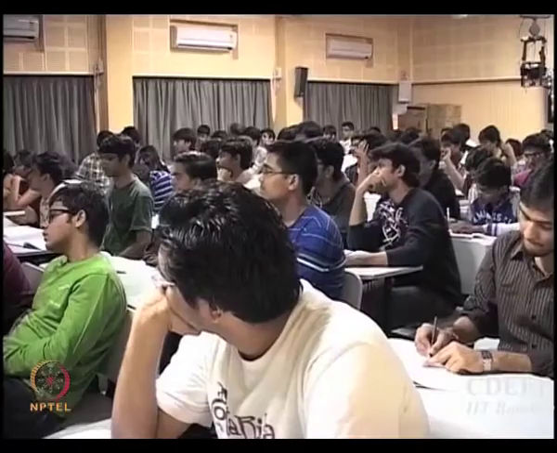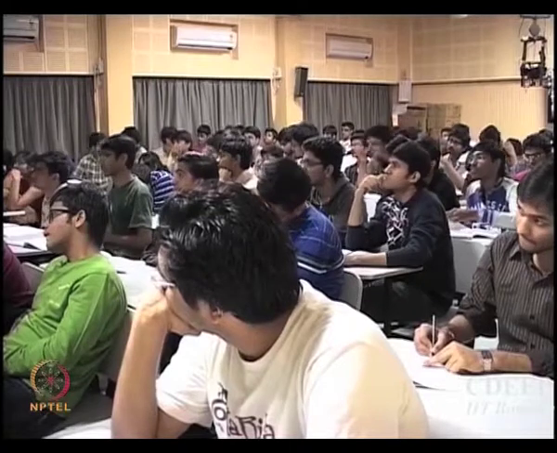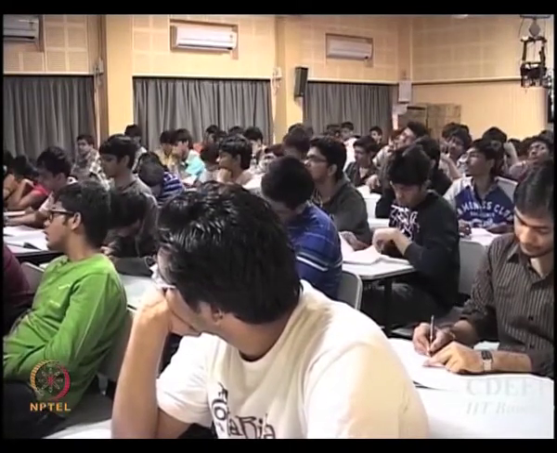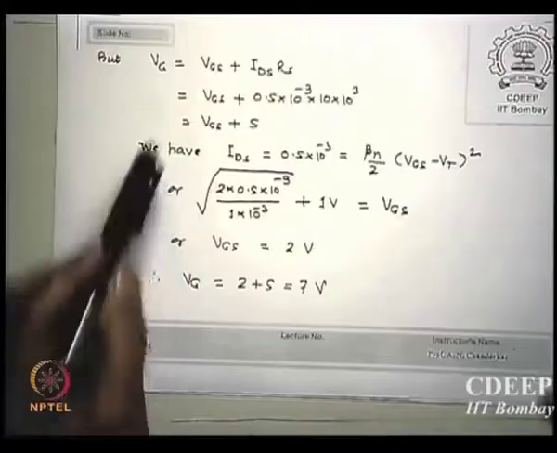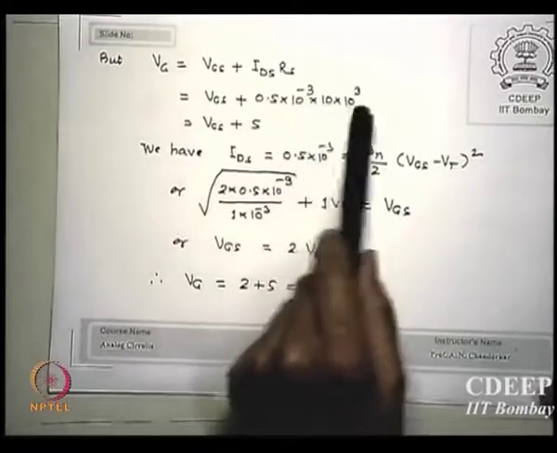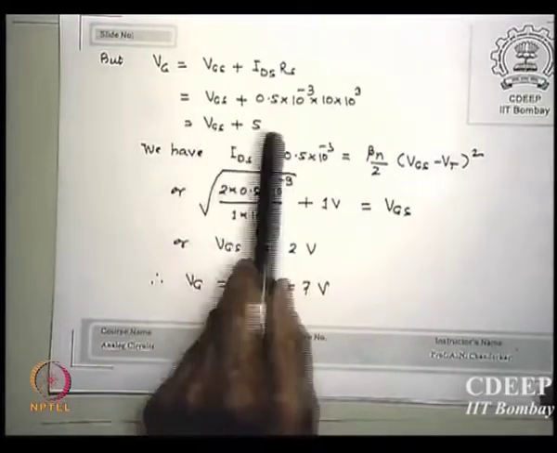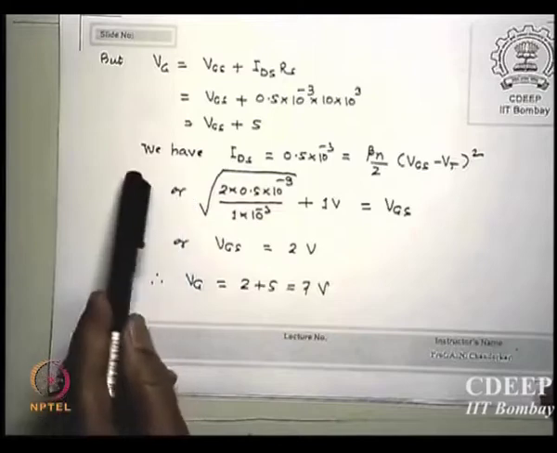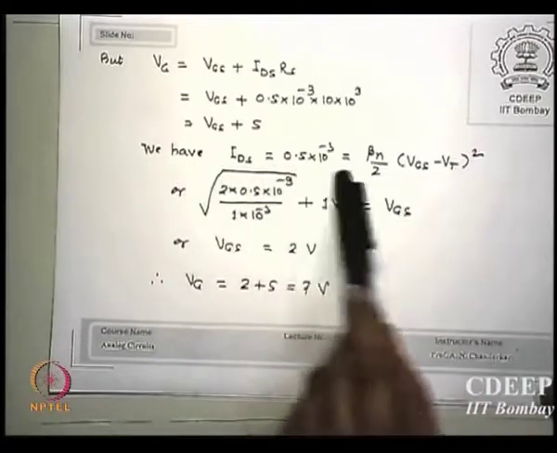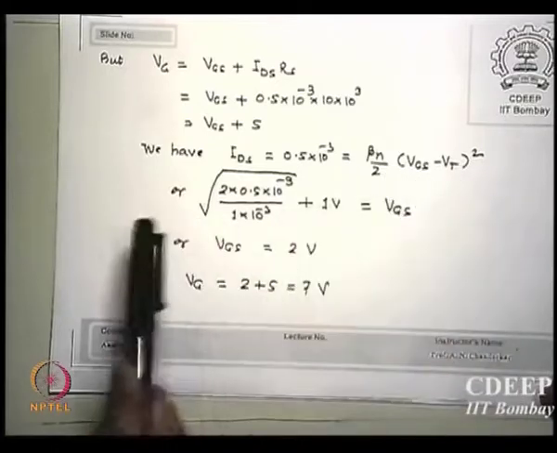How much is VG? VG is VGS plus IDS RS. So I substitute VGS plus 0.5 milliamp into 10K. So VGS plus 5 is VG. We also know IDS from the characteristic, beta n by 2 times (VGS minus VT) squared.